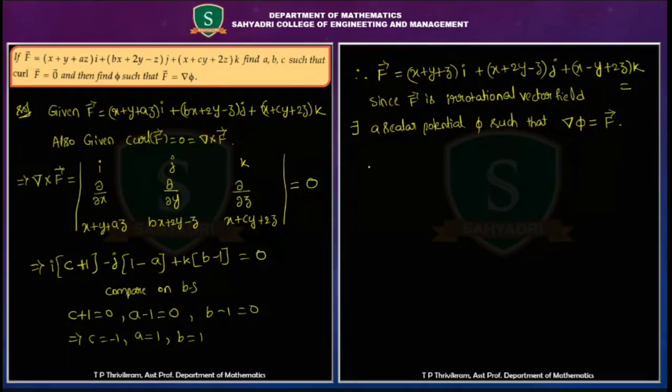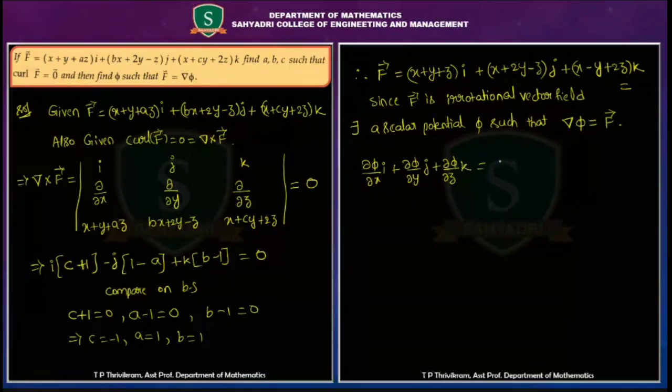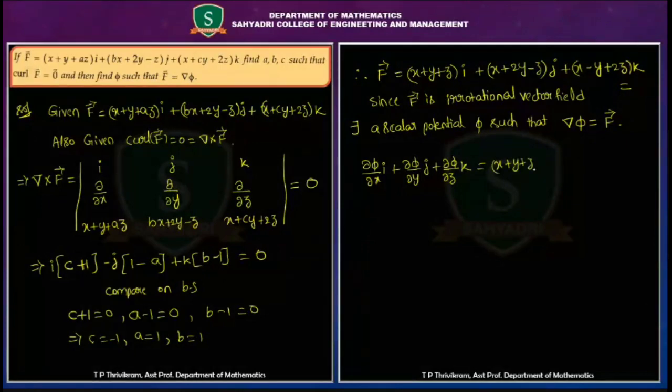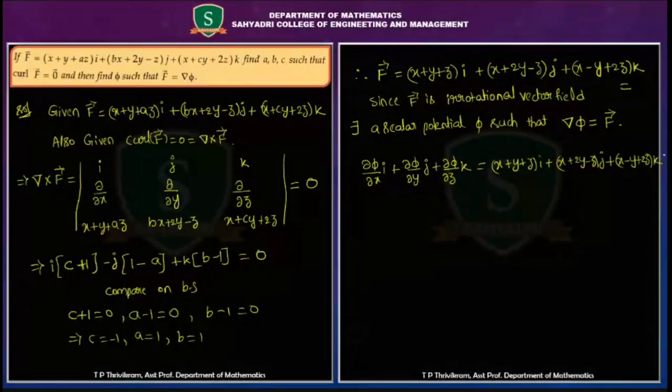Let us write that one: dou phi by dou x i plus dou phi by dou y j plus dou phi by dou z k, which is equal to the given vector x plus y plus z into i plus x plus 2y minus z into j plus x minus y plus 2z into k.